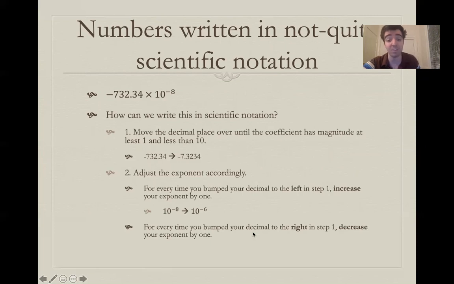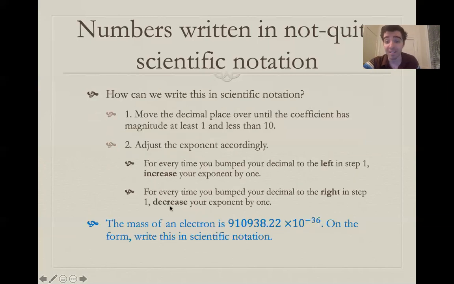For every time you bump the decimal to the right in step 1, you decrease the exponent by 1. Basically, if you are going to inflate your coefficient, you have to deflate your exponent. So our final answer here is the coefficient, -7.3234 times 10 to the -6.